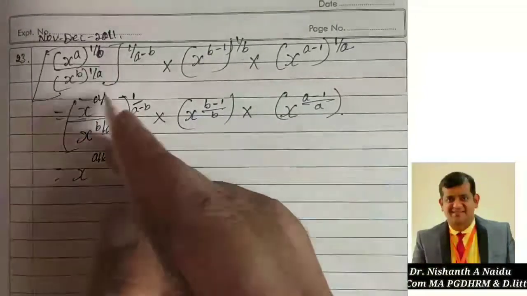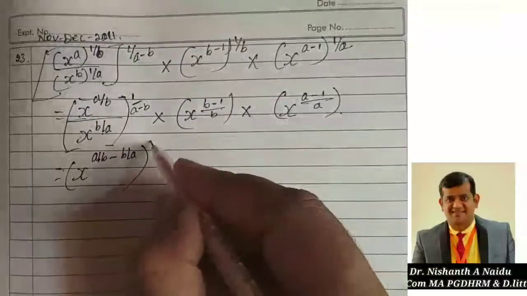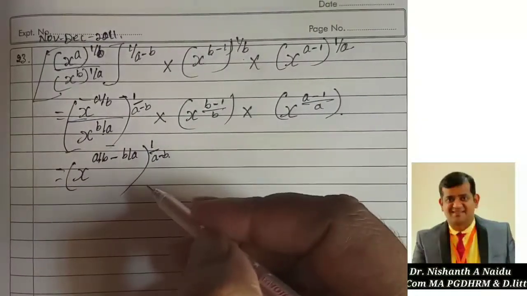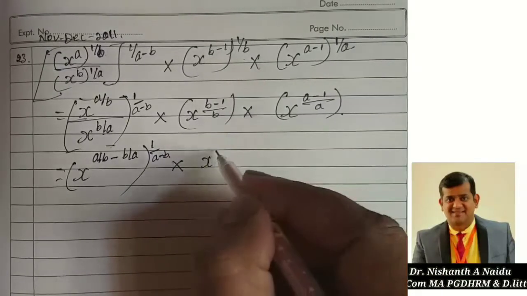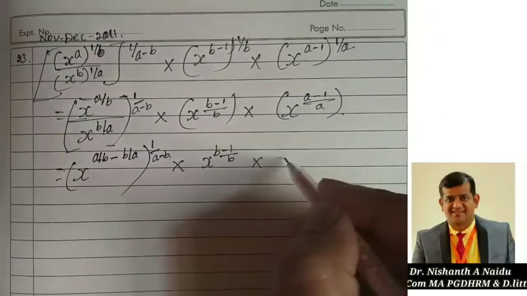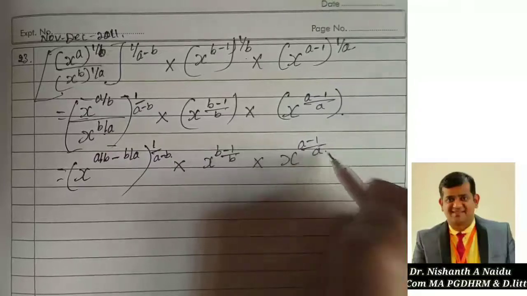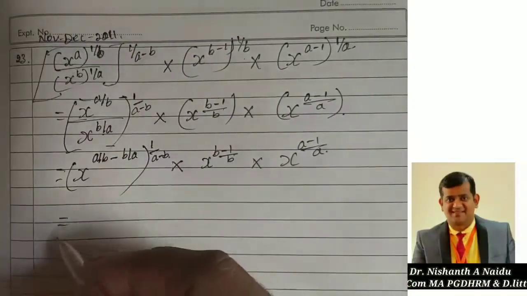This one I have shifted, so that is done. Whole power 1 divided by a minus b, into x to the power b minus 1 divided by b, into x to the power a minus 1 divided by a.